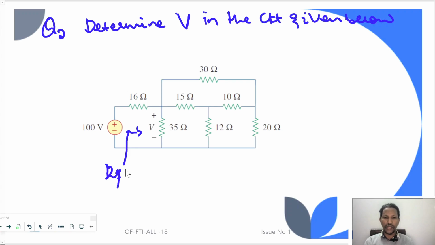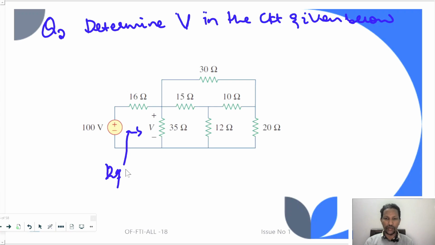As you can see here, all the resistors are neither connected in series nor in parallel. So we definitely apply the delta Y transformation or Y delta transformation to simplify and obtain the equivalent resistance. Then we can return back to the original network.